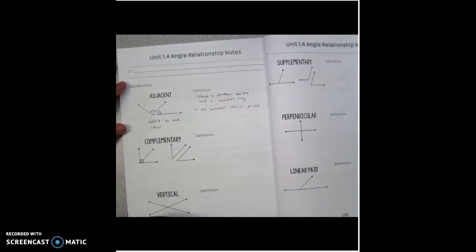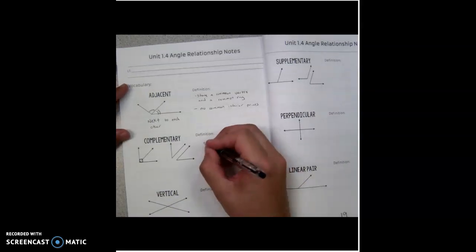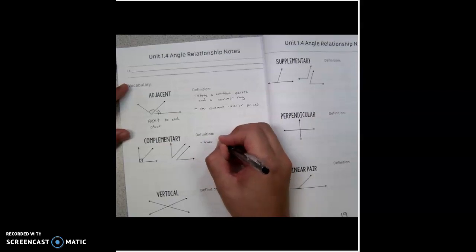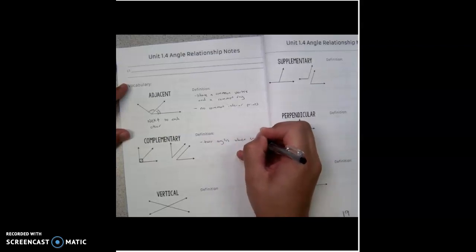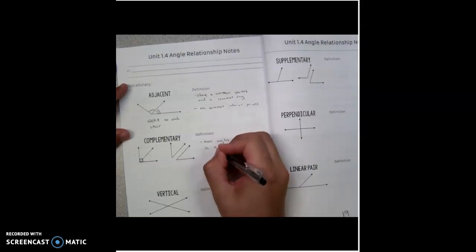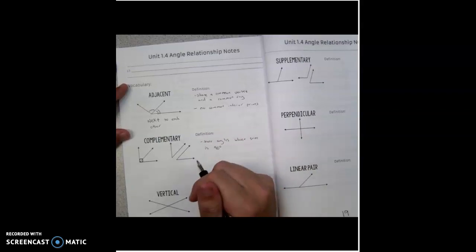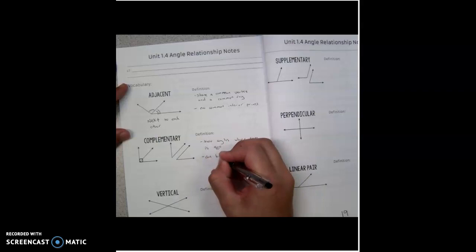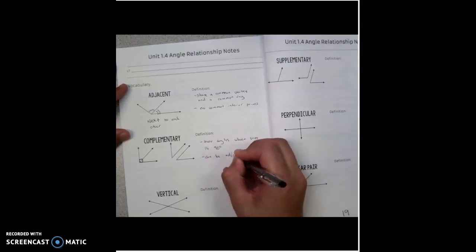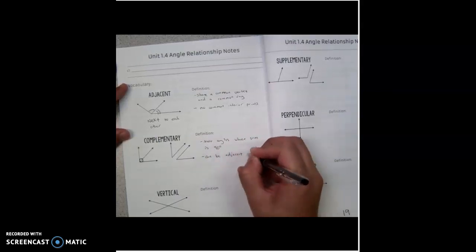The next one is complementary, and complementary basically means two angles whose sum is 90 degrees. Okay? They can be adjacent or non-adjacent, meaning they can be next to each other or not next to each other.